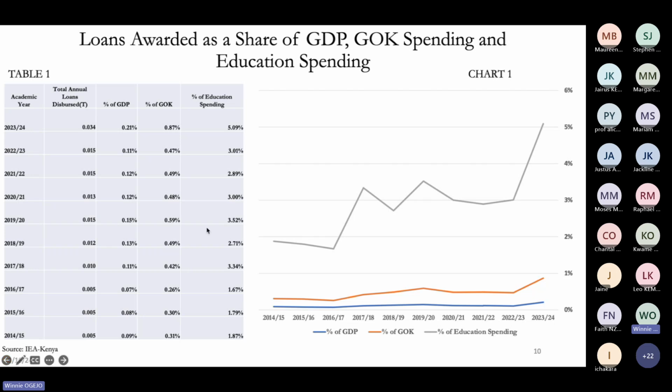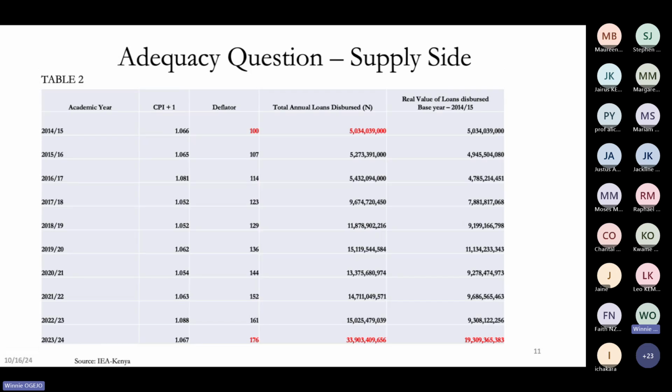So this is just a representation for us to answer the question as a priority: are we increasing it as a priority, or is there a challenge? The data shows us that indeed the government is prioritizing. Then, still on the supply side, we wanted to understand how much in nominal terms and how much in real terms the government is spending.